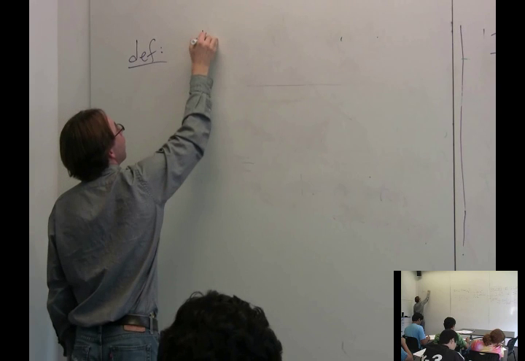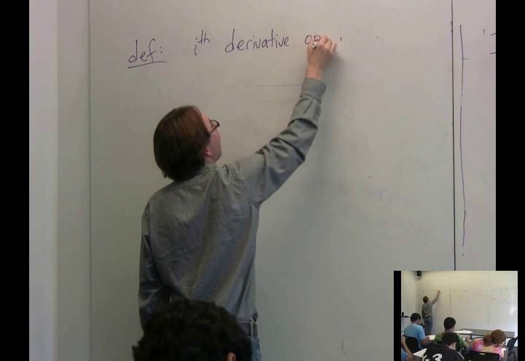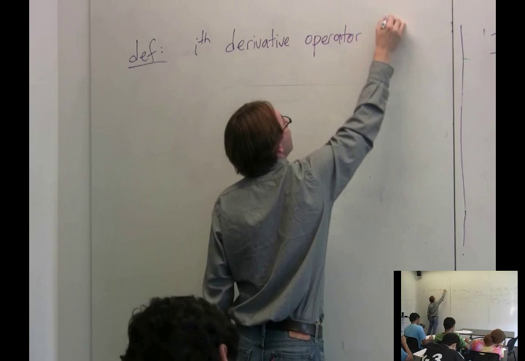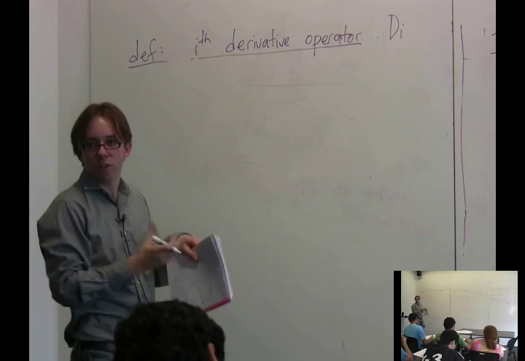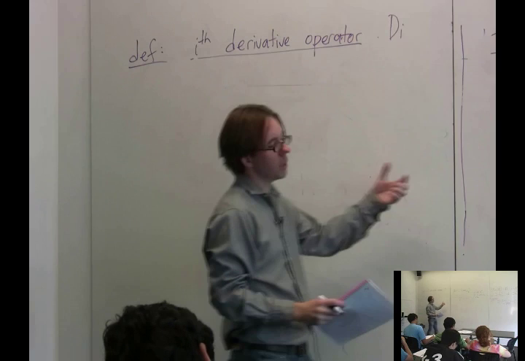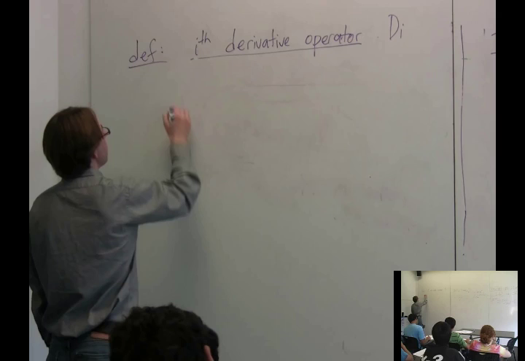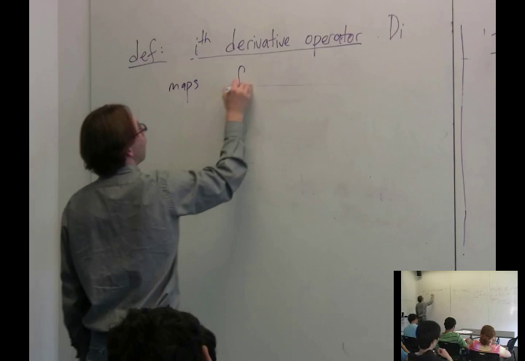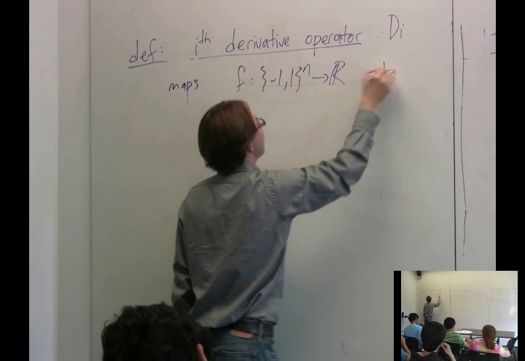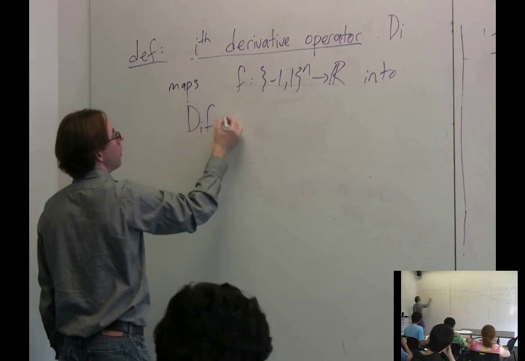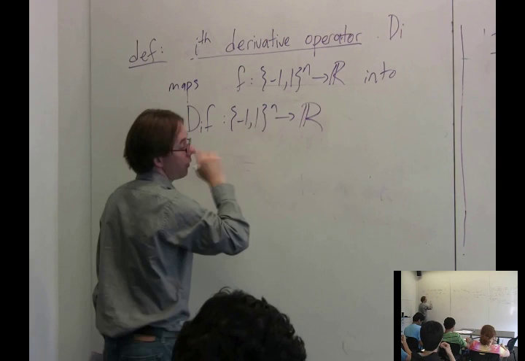So the ith derivative operator, denoted D sub i, is an operator on Boolean functions, on this vector space of functions from the hypercube into the reals. So it's a linear operator that maps the function f into another function called D sub i of f via the following definition.